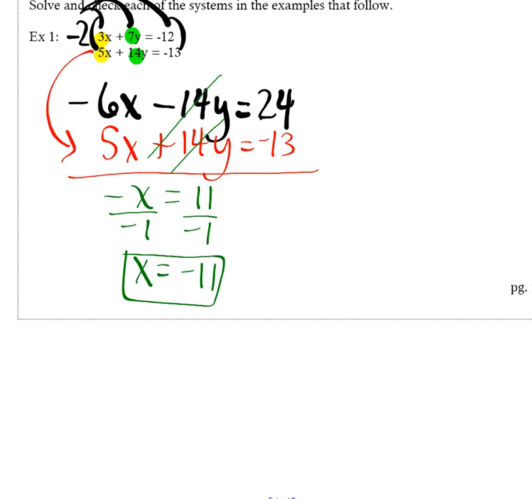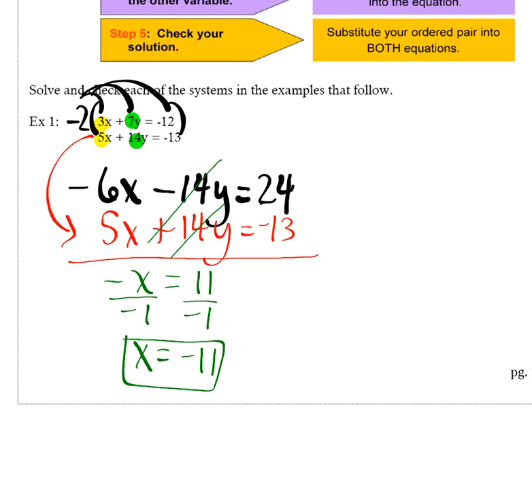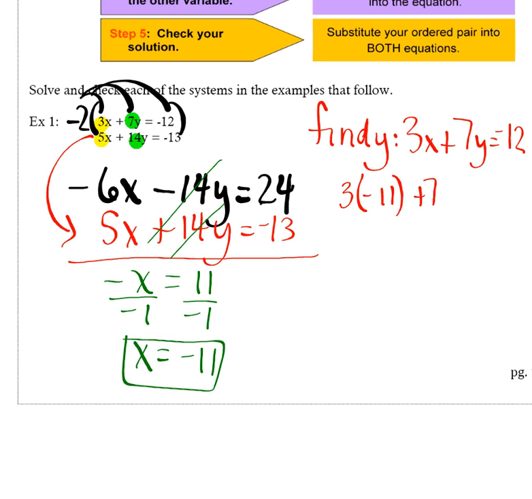So now I want to find the other variable. Let's find y, and I have to use one of the original equations. So I will choose 3x plus 7y equaling negative 12. I have the value of x, 3 times negative 11 plus 7y equals negative 12.